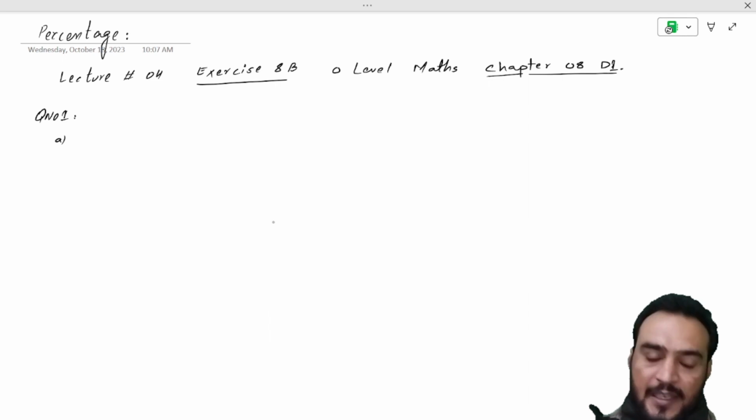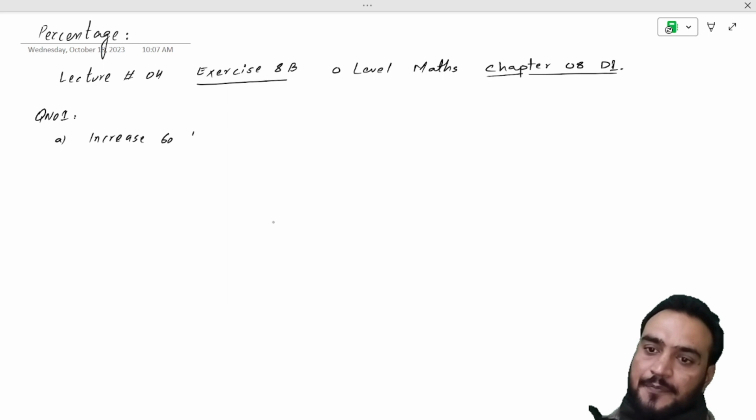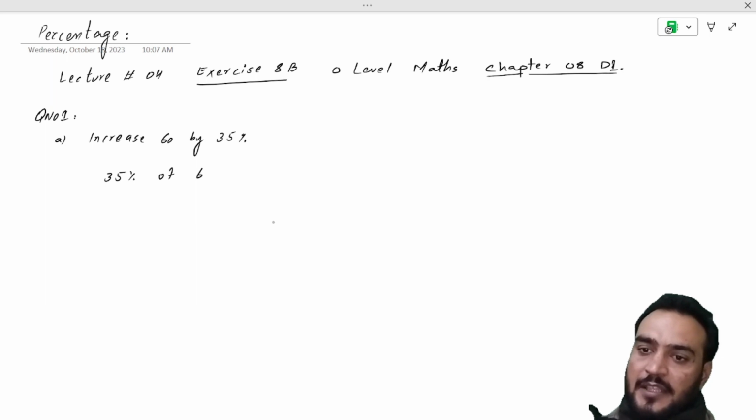Part A is increase 60 by 35%. First we find the 35% of 60, which is 35 divided by 100 times 60.